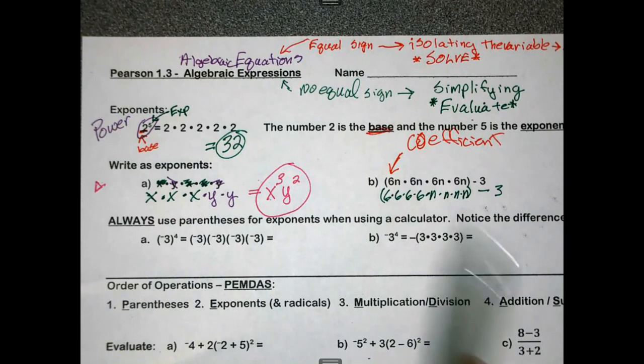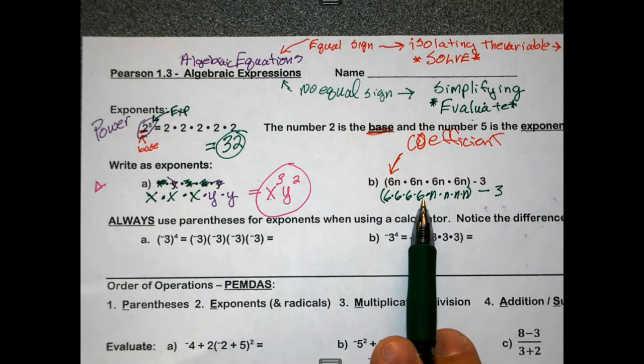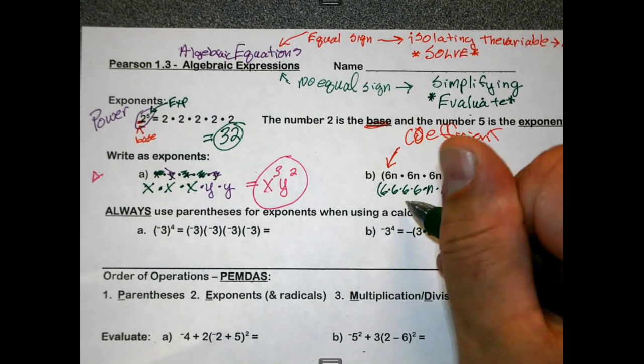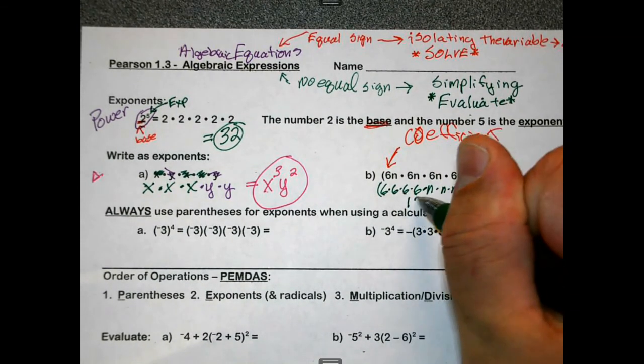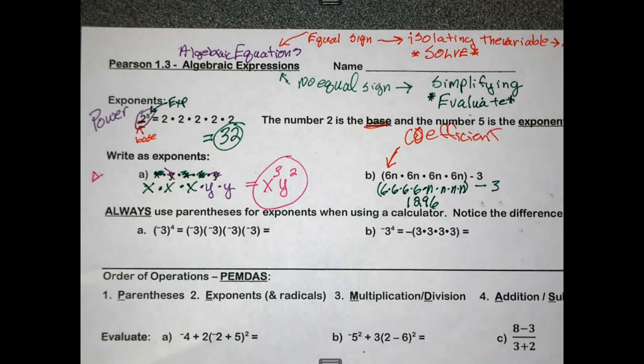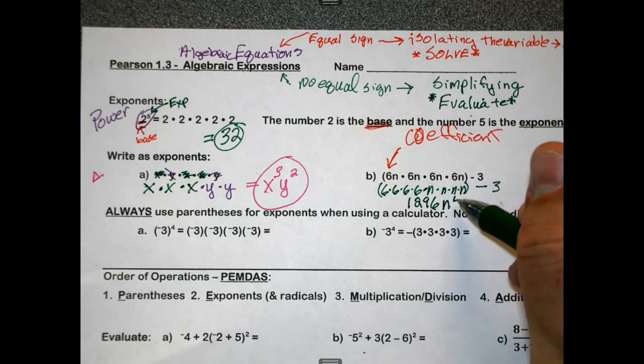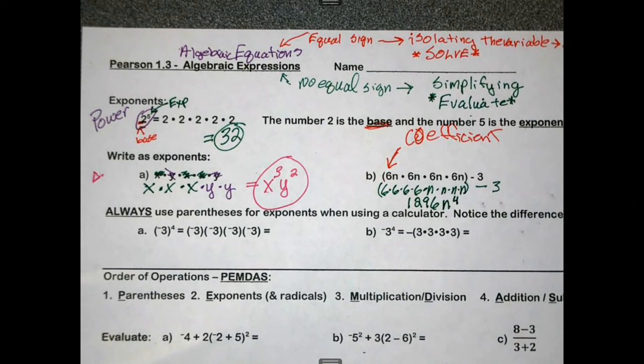Okay. 6 times 6 times 6 times 6. Well, luckily I did this before my other class, and I know that comes out to 1296. And I have 4 n's, right? I have n, and I have 4 of them. So I have 1296 n to the 4th.